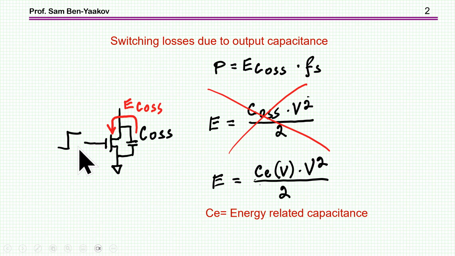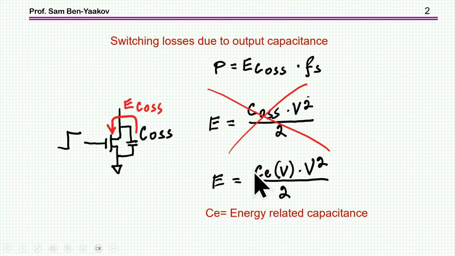Consequently, if you like to use an equation of this form, you need to have this energy related capacitance as the equivalent capacitance related to the energy. This energy related capacitance is voltage dependent. For each voltage that the capacitance is charged, it's a different number. And then you can multiply it by V squared over 2.